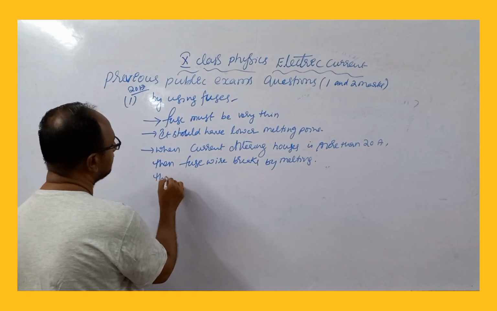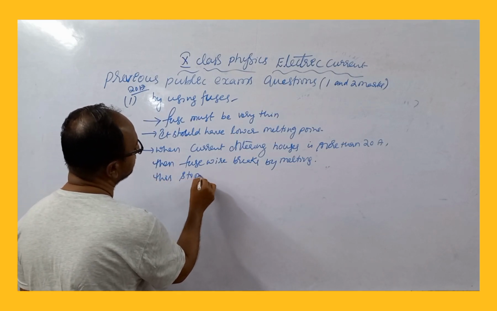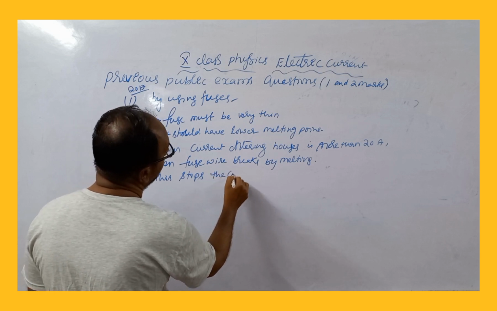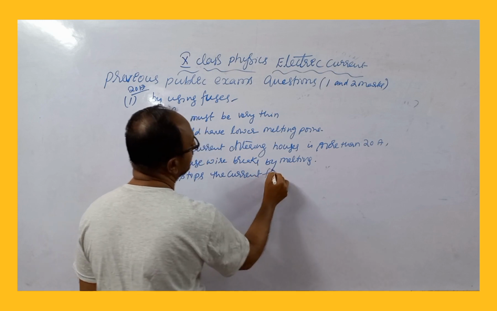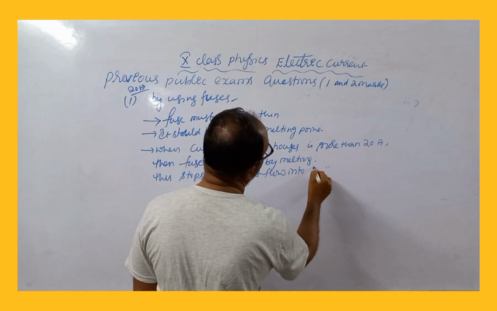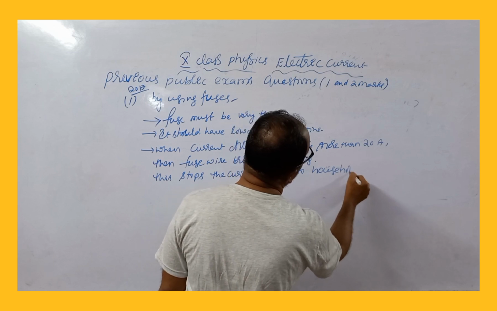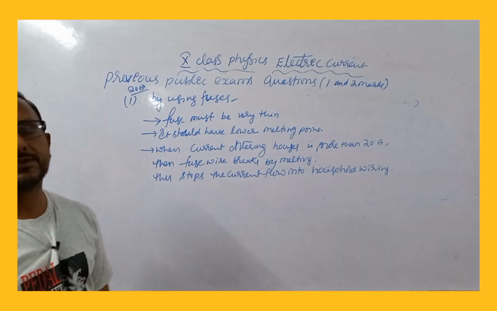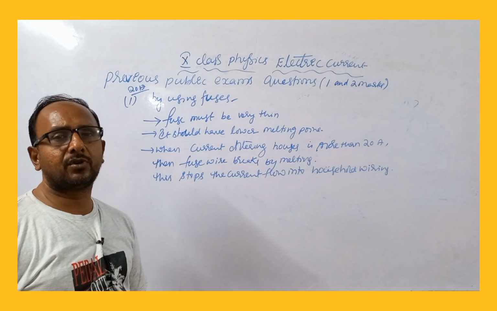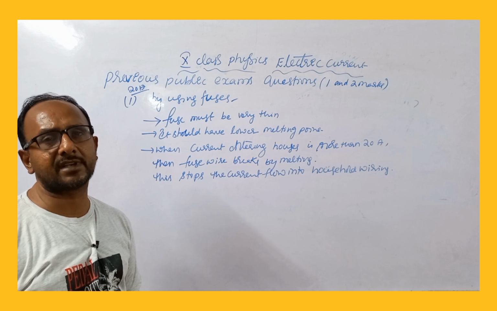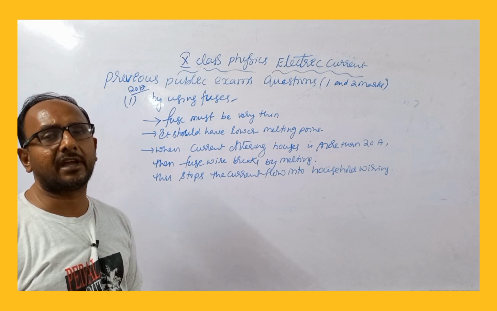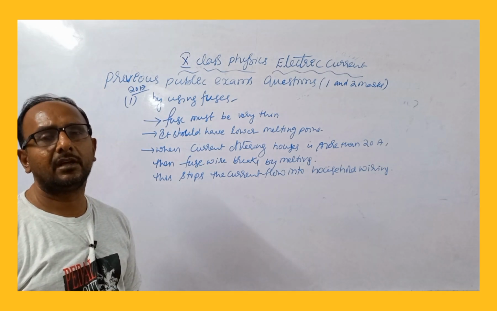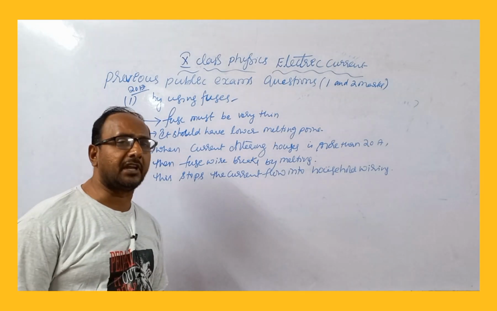This stops the current flow into household wiring, so that the household wiring and various devices can be protected from the damage caused by overloading of current more than 20 amperes.